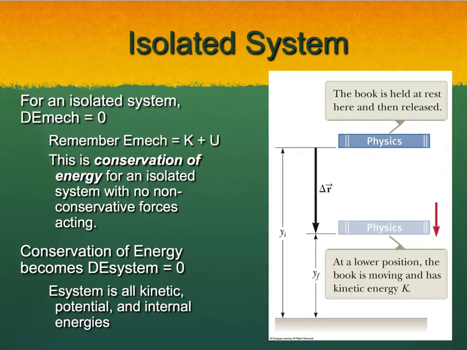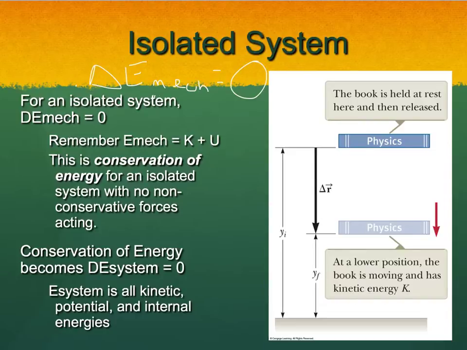The last thing we left off with was this isolated system, where we said that the change in energy, and specifically the change in mechanical energy, delta E mechanical, is equal to 0. That's because, remember, in an isolated system, we have no energy crossing the boundary of the system.